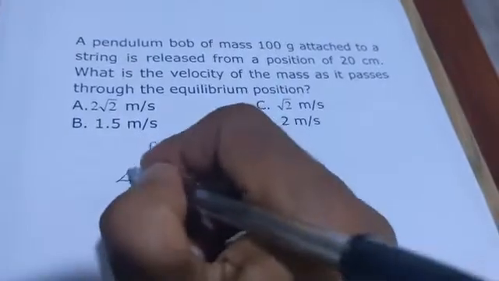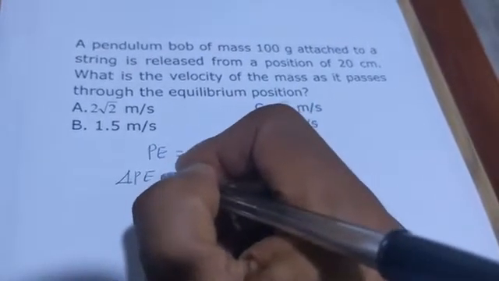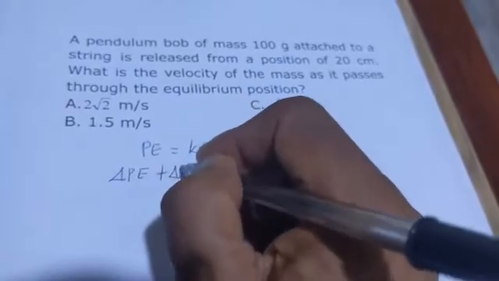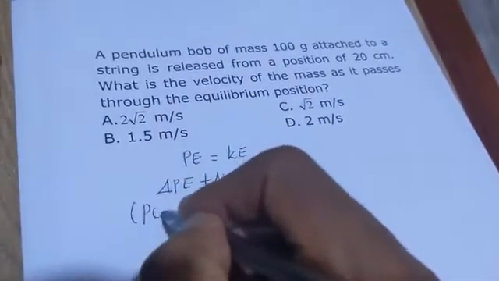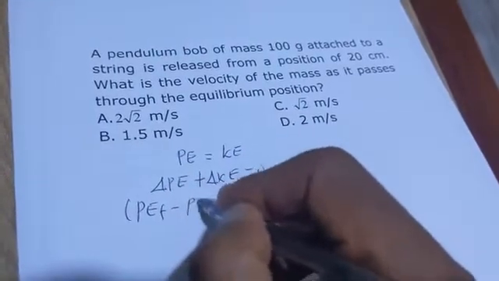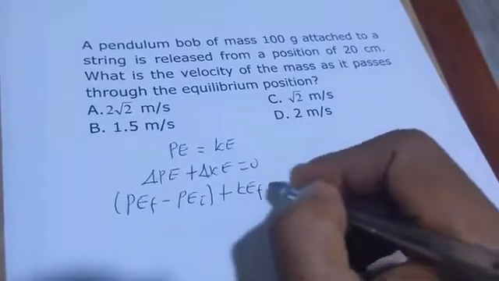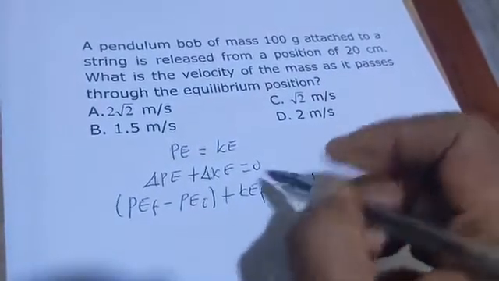We can write that the change in potential energy plus the change in kinetic energy is equal to 0, which means the final potential energy minus the initial potential energy plus the final kinetic energy minus the initial kinetic energy equals 0.